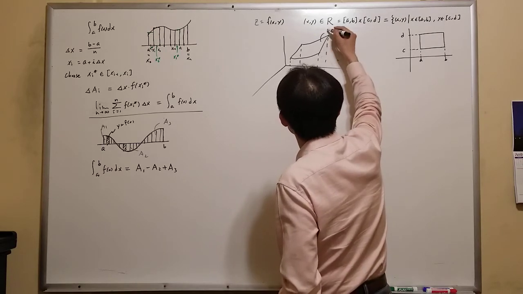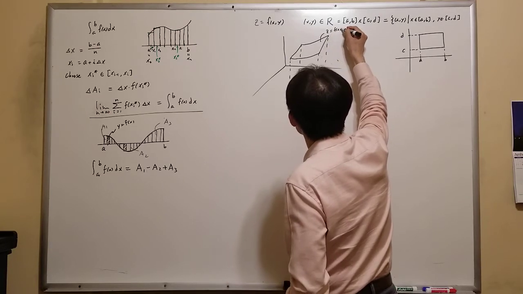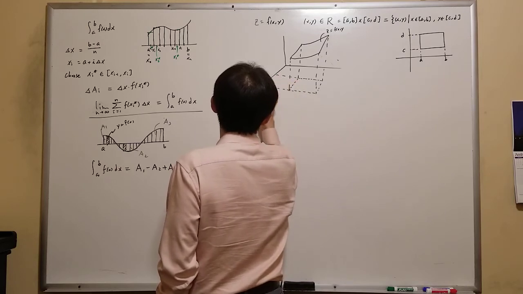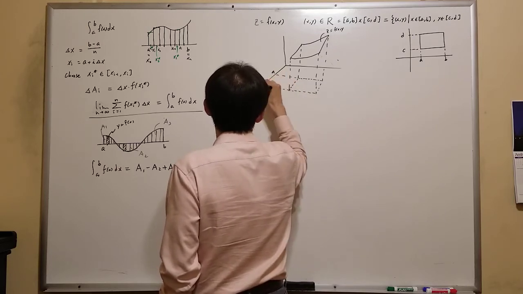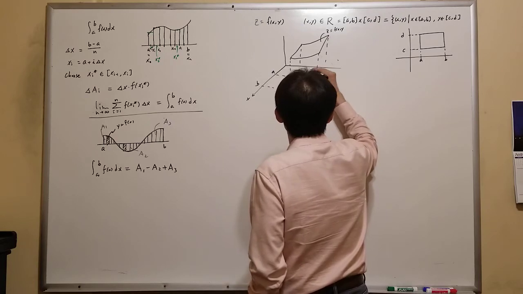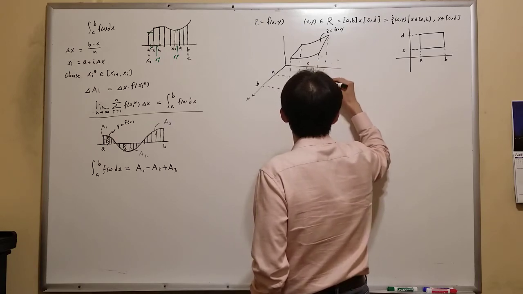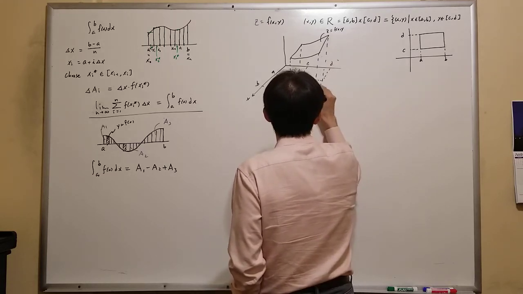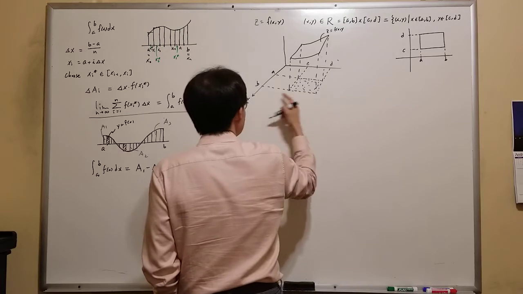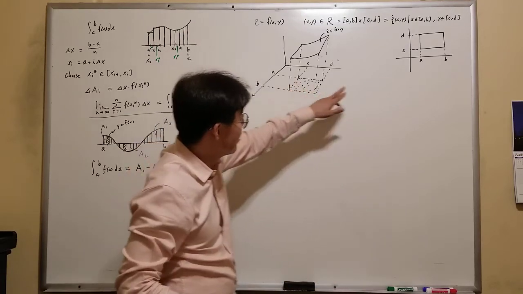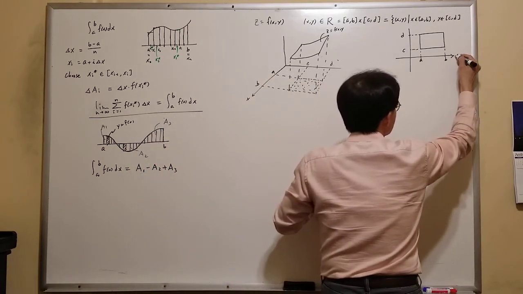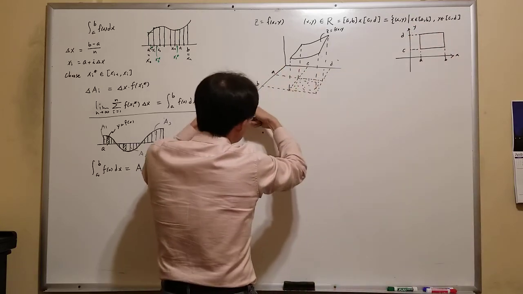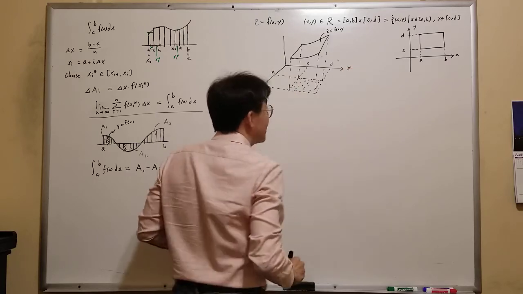So this is z equals f of xy. This is coming from the x-axis, A and B, C and D. So this is the domain. X between A and B, Y between C and D, right? X going this direction, Y going that direction. You're rotating around this, X moving this way, Y going this way.